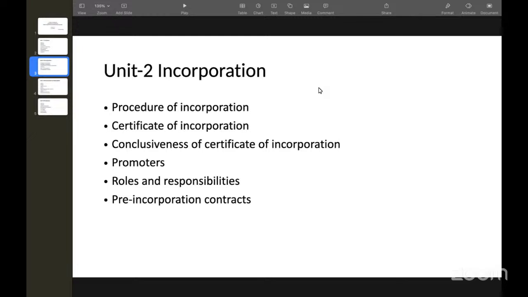Legal implications are irrefutability, protection for stakeholders, binding effect. Next is promoters. The roles of promoters, there are in total 5 roles. First is idea generation, organizing resources, drafting key documents, ensuring compliance. Fifth is identifying directors.